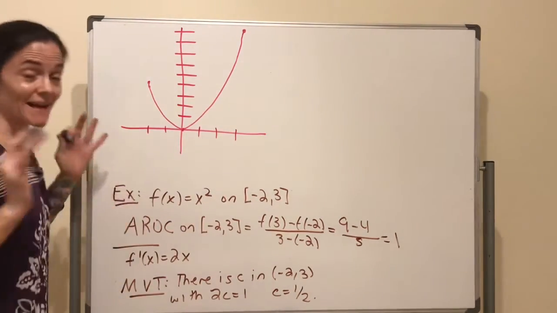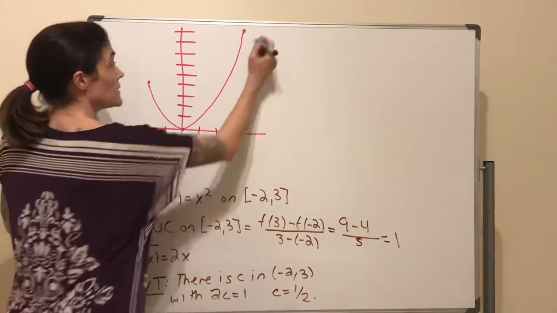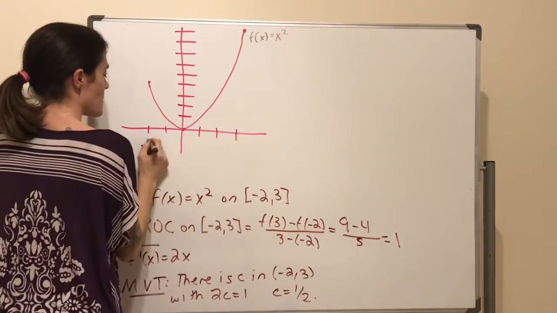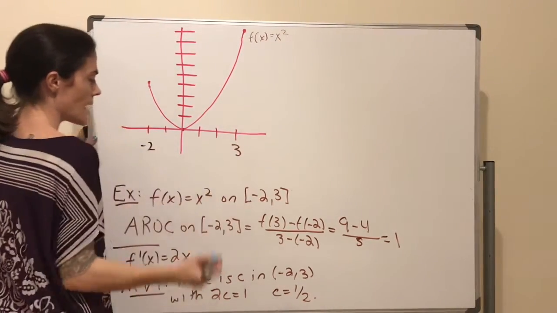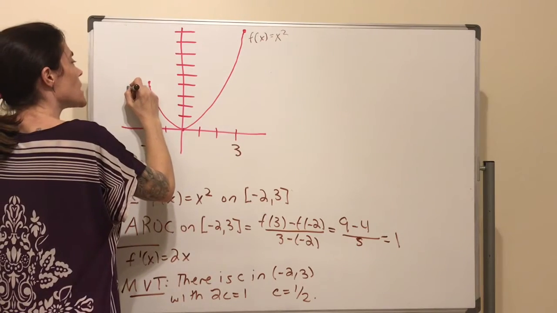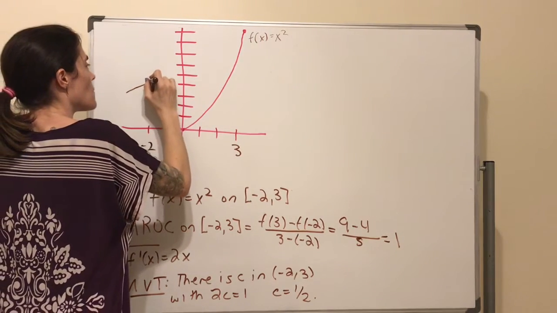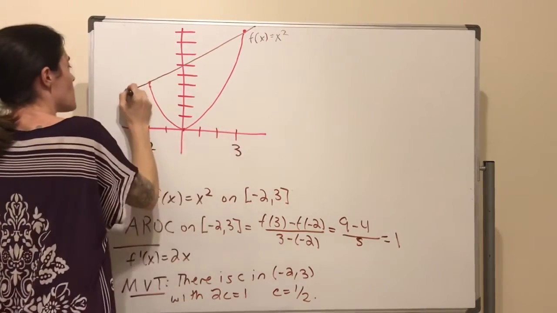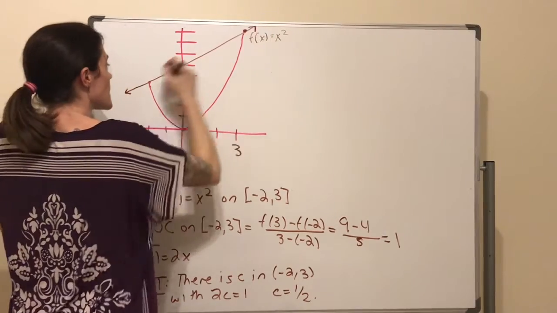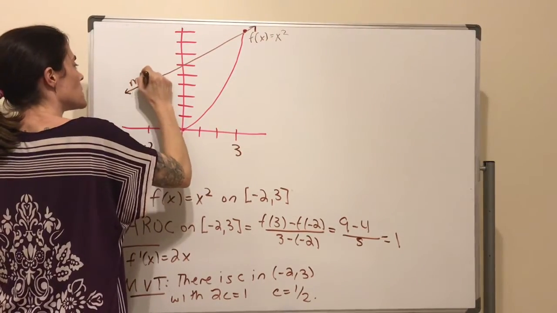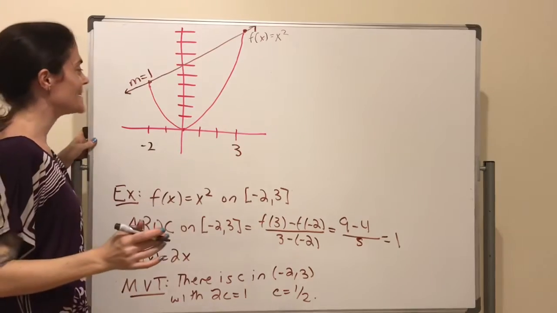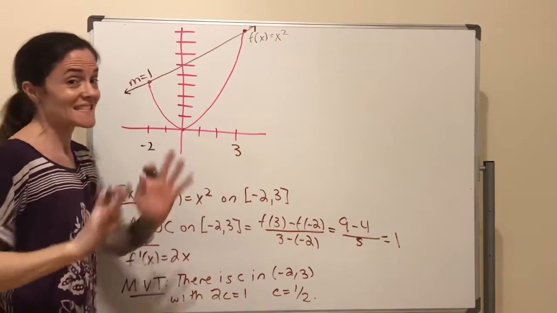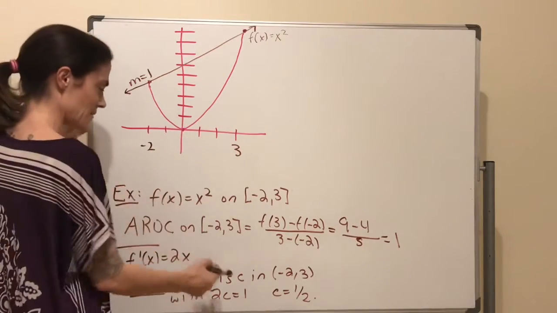Well, here's a graph again of this function. f of x is x squared from -2 to 3, and we know the average rate of change is the slope of this secant line connecting these 2 points. This slope is 1, and so it says there is some c here where the tangent line has slope 1, and we calculated it.